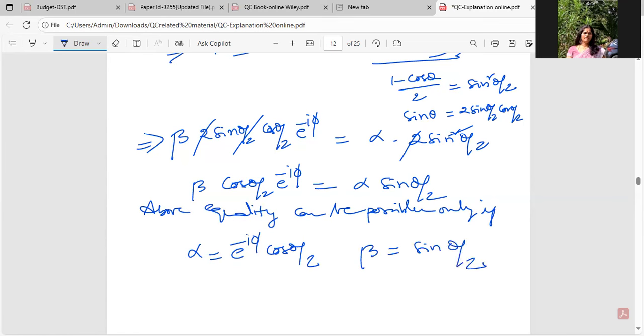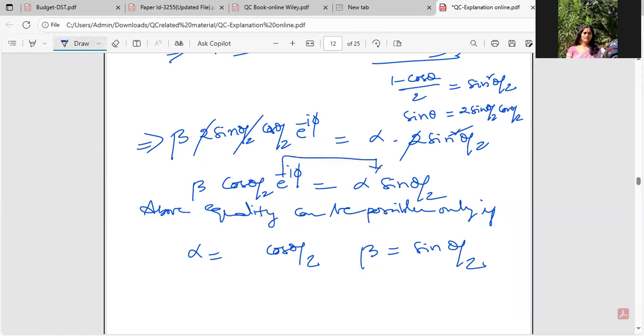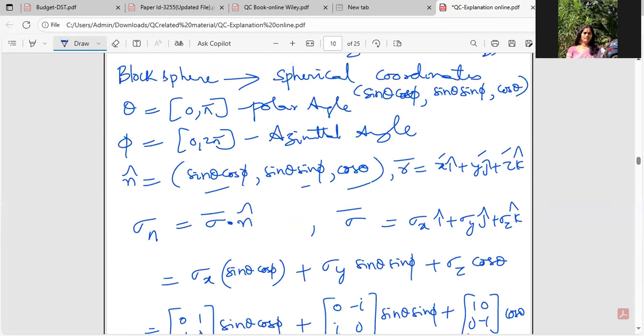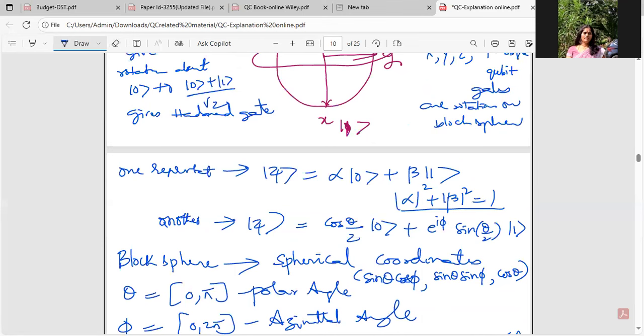Or either way I can write, instead, if I want to remove this minus sign, I erase this off. So this shifts here. So minus sign turns into positive, e power i phi. Okay. I just want you to have a look at the generalized notation about which I was mentioning.